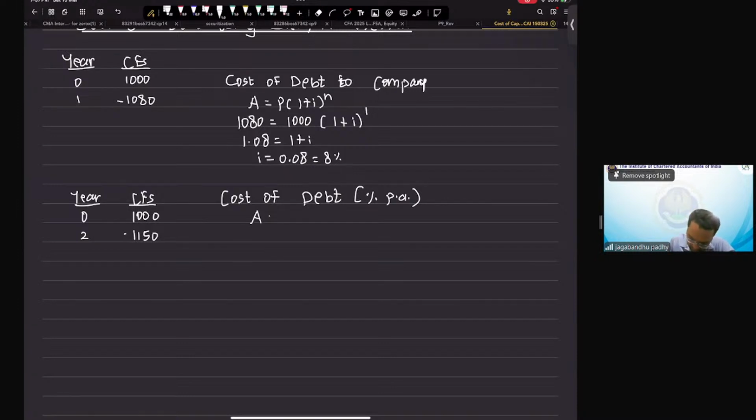So amount is equal to P into 1 plus I raised to N. So 1150 is equal to 1000 into 1 plus I raised to 2.